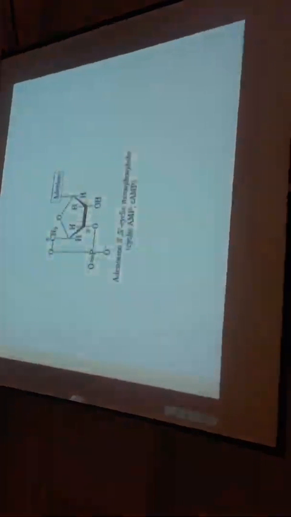Okay, so here is the cyclic AMP that increases in concentration when we have the binding of glucagon or epinephrine to these membrane-bound receptors. It's produced by adenylyl cyclase.